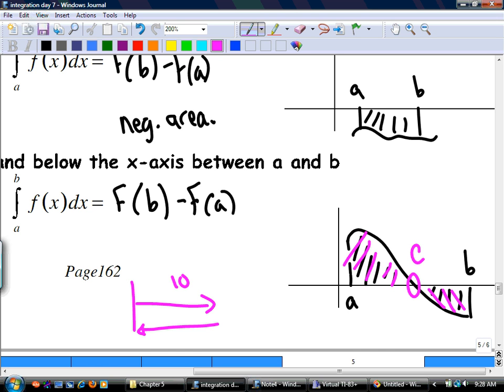So you have to watch what the question is asking you to decide: do I get to flip up that area and make it positive and add it in? Or do I treat it as a negative and just add it in, and the positive and the negative will cancel and it'll be all good? Yeah, net is like displacement. Total is like distance walked.